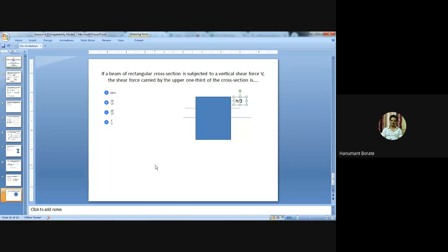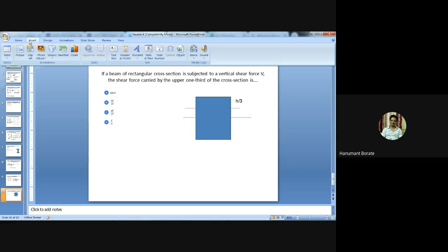So again use the same formula, tau equal to S A divided by I B. No, not necessary. We know that the shear stress distribution for this should be maximum at the extreme point.